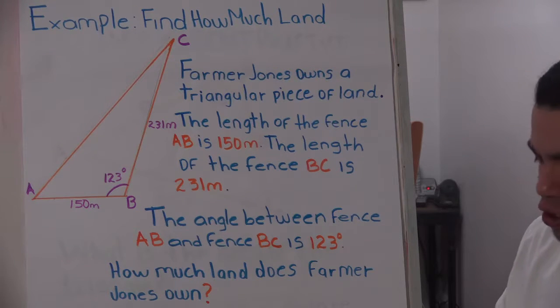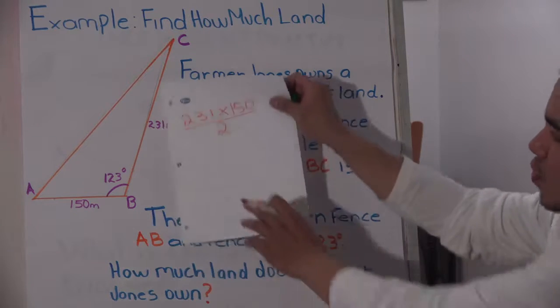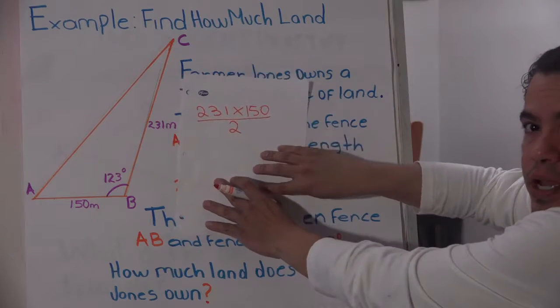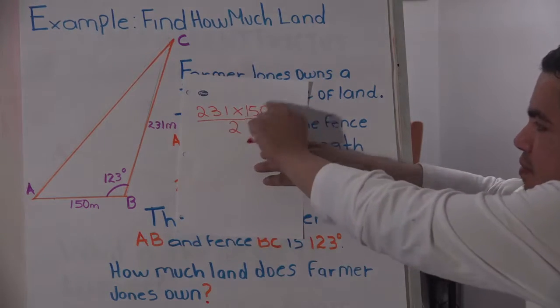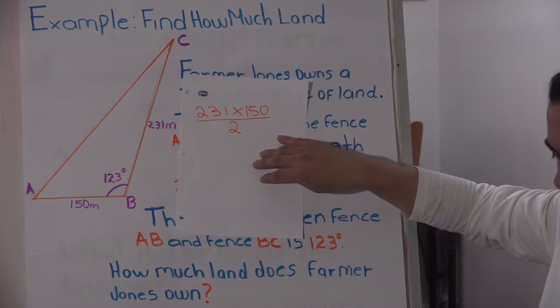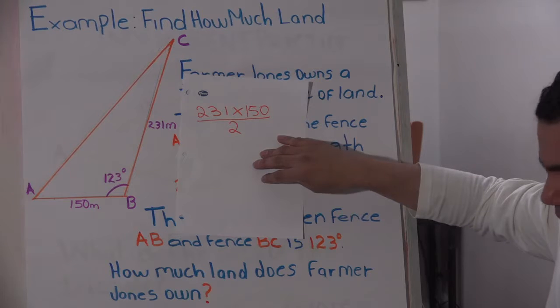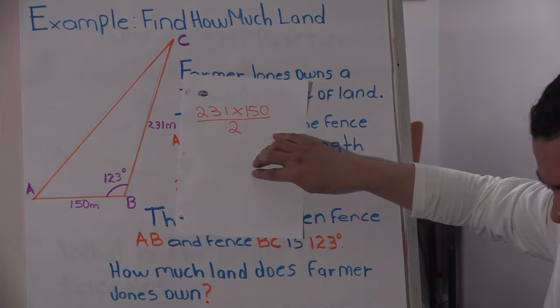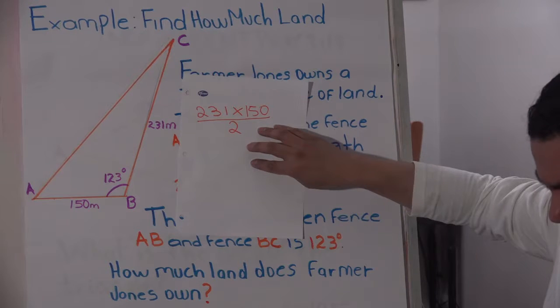Okay, so far, this is what I have. I have 231 times 150 divided by 2. So I'm going to figure that out right now on the calculator. 231 times 150 is 34,650.